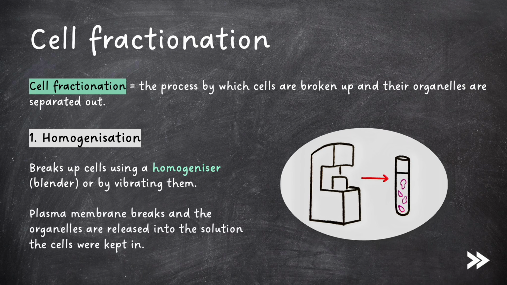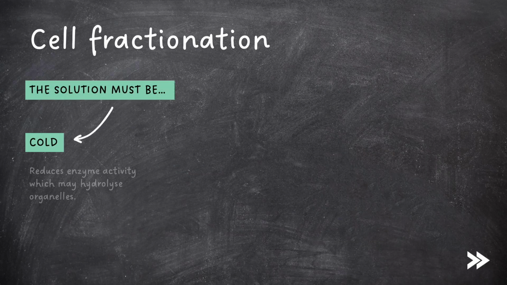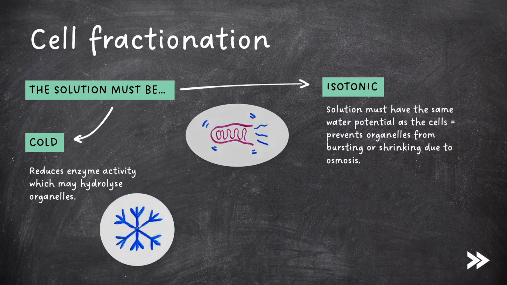This breaks the plasma membrane of cells, and the organelles are released into the solution the cells were kept in. The solution cells are kept in must be cold to reduce enzyme activity, which may hydrolyze organelles. The solution must also be isotonic, which means that it has the same water potential as the cells. This prevents organelles from bursting or shrinking due to osmosis.